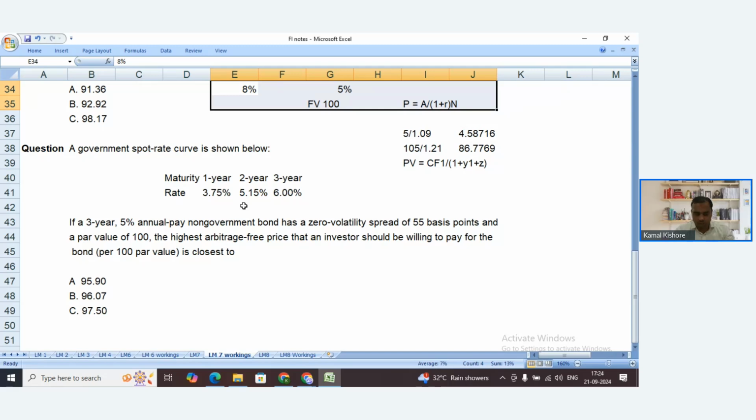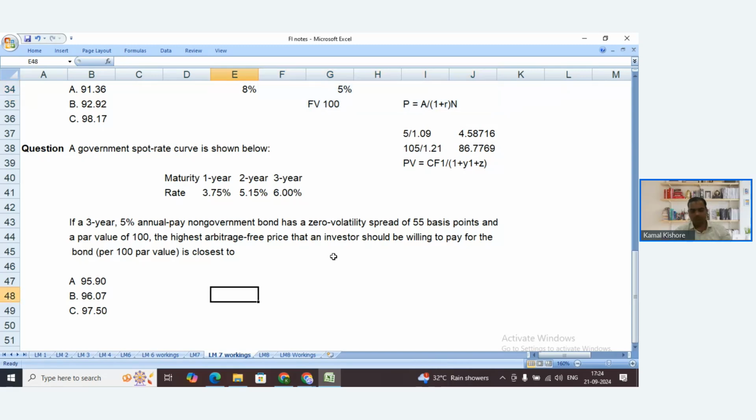So year 1 cash flow, how much is the year 1 cash flow? 5, right? Then 5 and then 105, divided by 1 plus 0.0375 plus 0.0055.